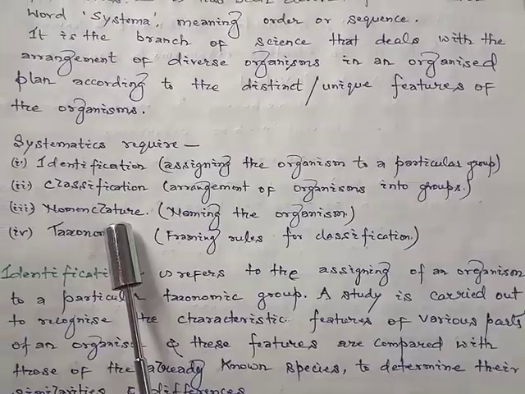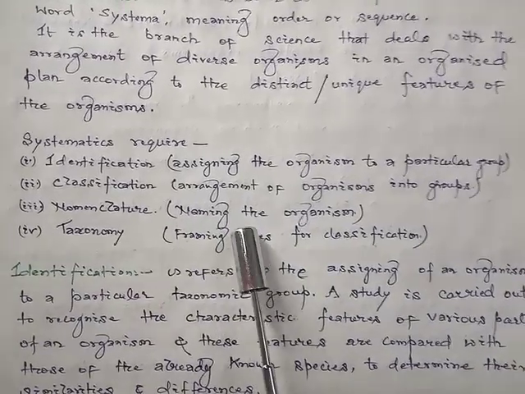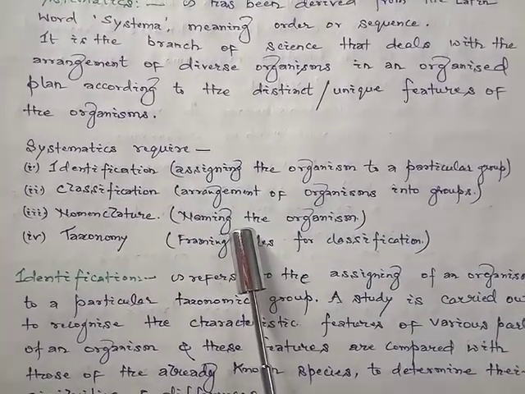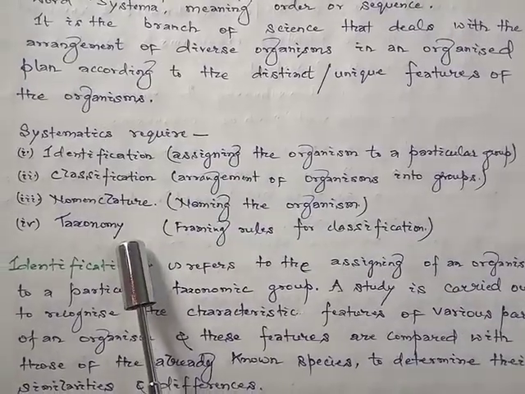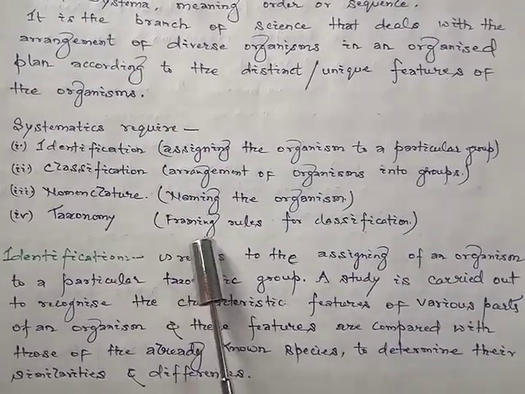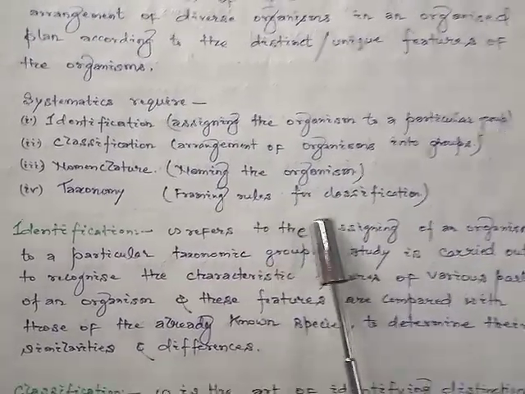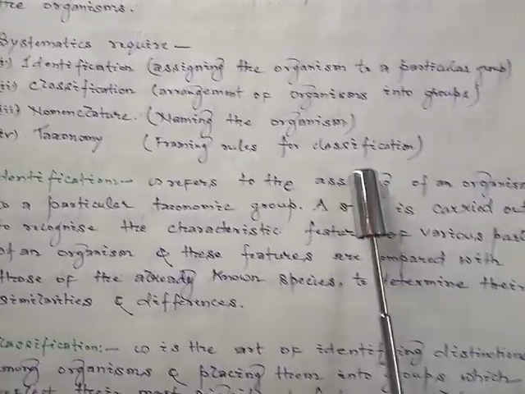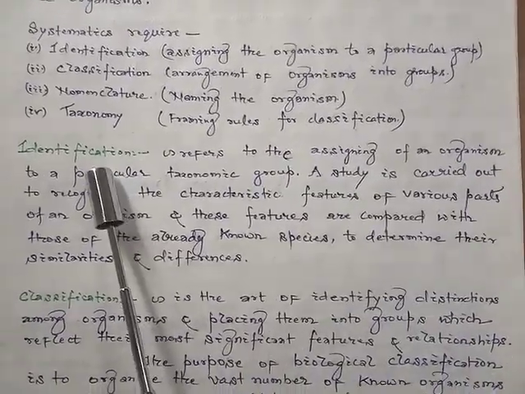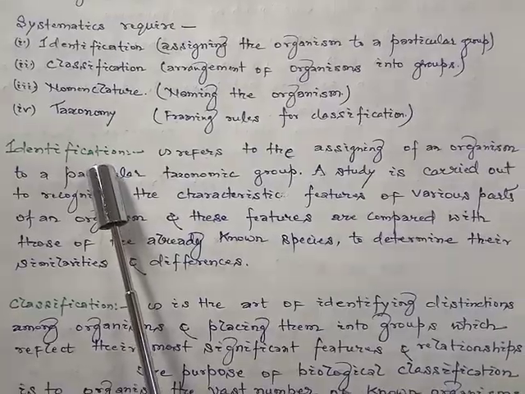Third is nomenclature, that is naming the organism, whatever is the name of the organism. And the fourth is taxonomy, meaning framing rules for classification. So we'll discuss the first, that is identification.